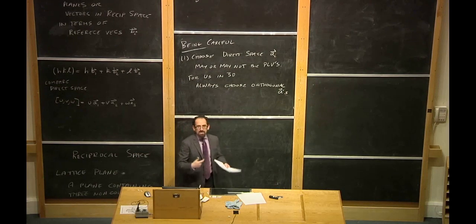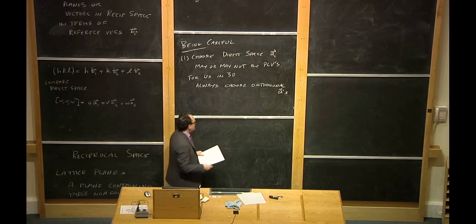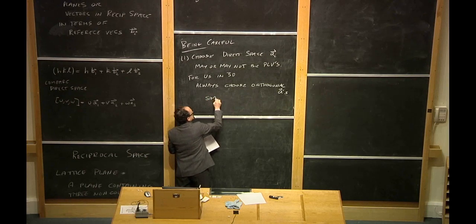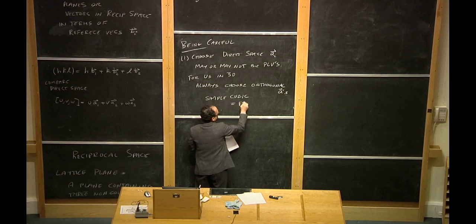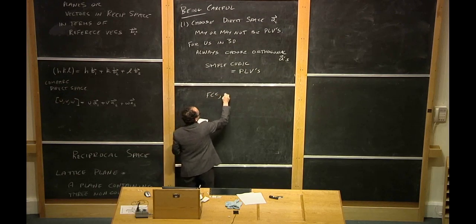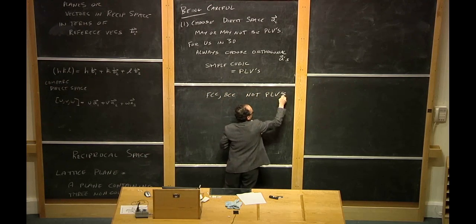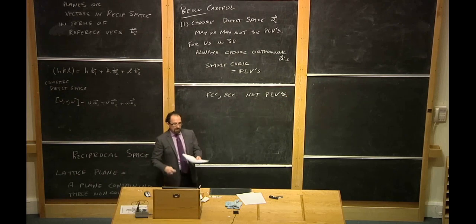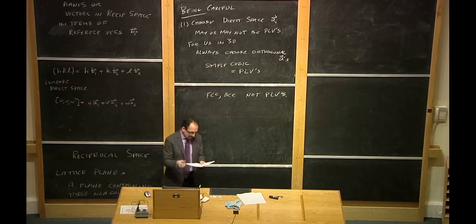Sometimes in 2D they'll ask a question where they're not orthogonal, but in 3D we always choose orthogonal a's. That means for simple cubic, these are primitive lattice vectors, PLVs, but for FCC and BCC, these are not PLVs. But they have the advantage of being orthogonal, so they make your life a lot easier because it's a lot easier to work with things that are orthogonal than things that are not.